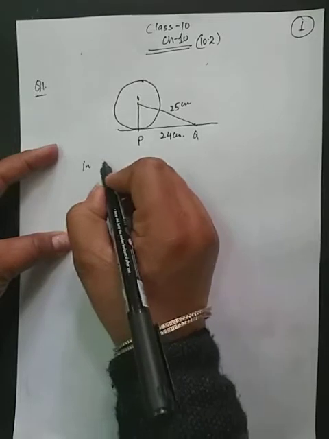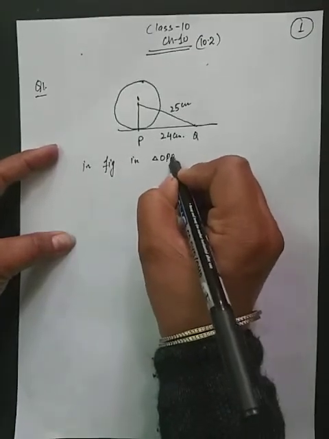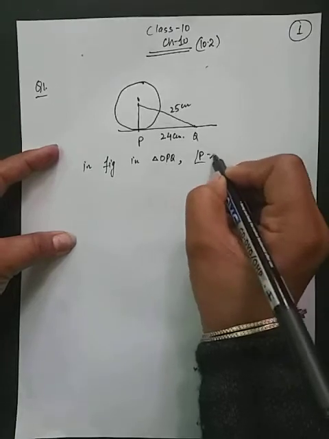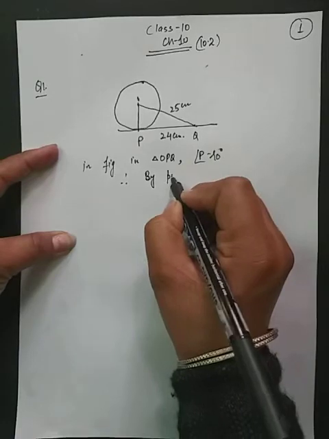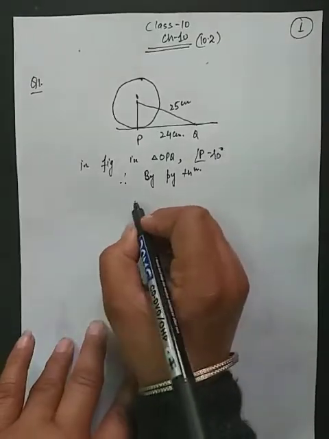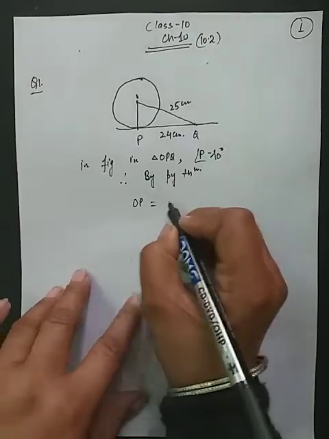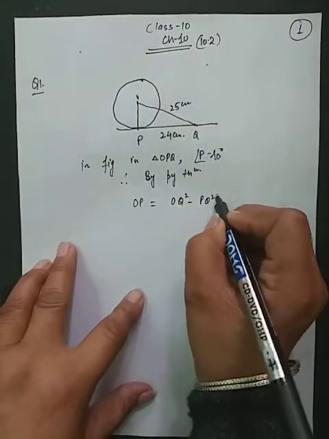In figure, in triangle OPQ, angle P is of 90 degree. So therefore, by Pythagoras theorem, OP is equal to under the root OQ square minus PQ square.